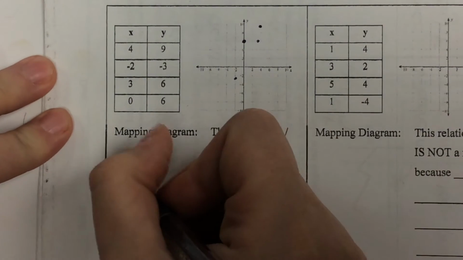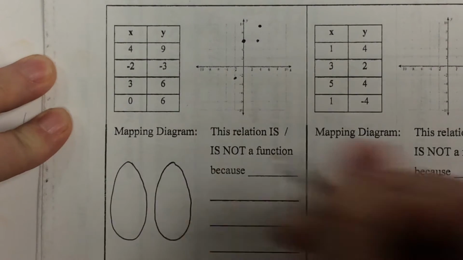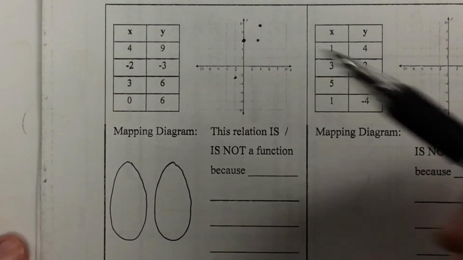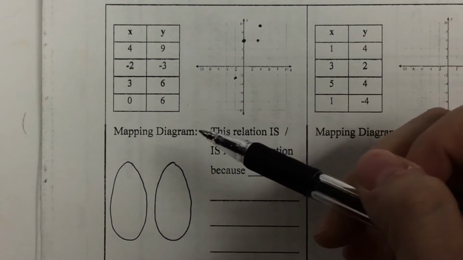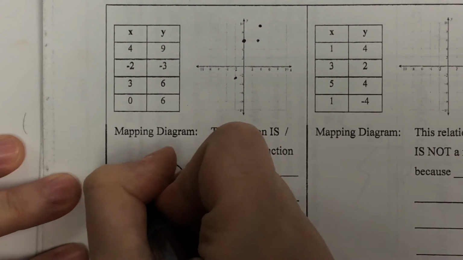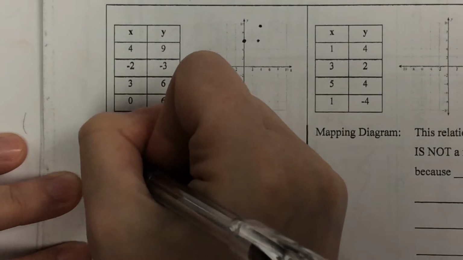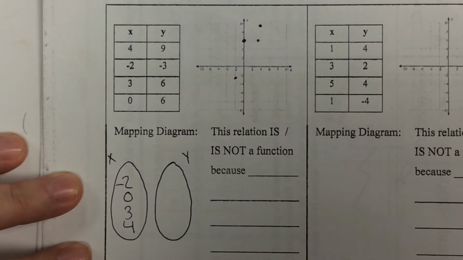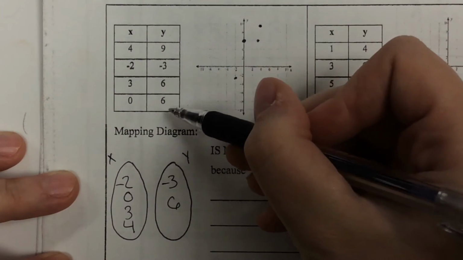Let's create our mapping diagram so that we can look at these numbers and decide if this is a function or not. Now remember, in your mapping diagram, your numbers need to go from least to greatest, so order does matter. So let's go -2, 0, 3, and 4. And our range, our y values, -3, 6. Remember, we have two 6s here.